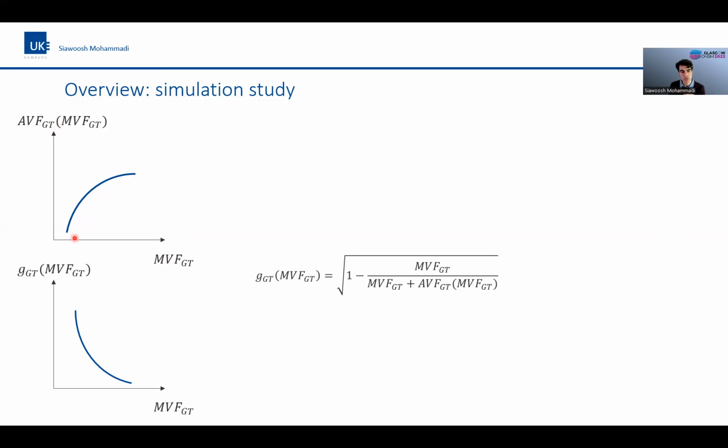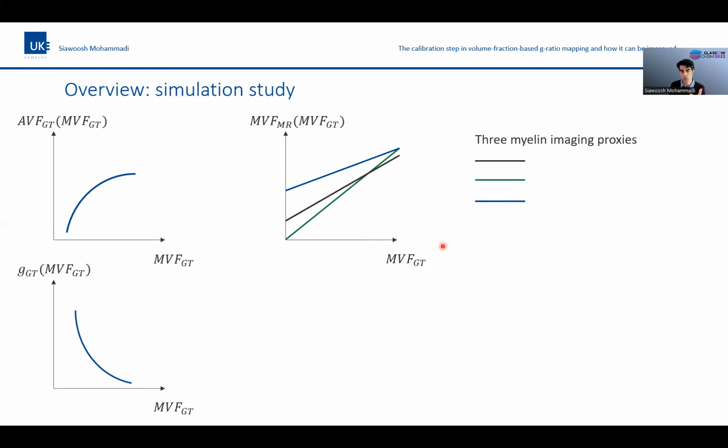And using this curve, we can exactly generate a ground truth G-ratio, as shown here, using the normal MR G-ratio formula. In a second step, we estimate linear relations for 3 different myelin imaging biomarkers to relate the MR-based myelin imaging markers to the histological ground truth again.